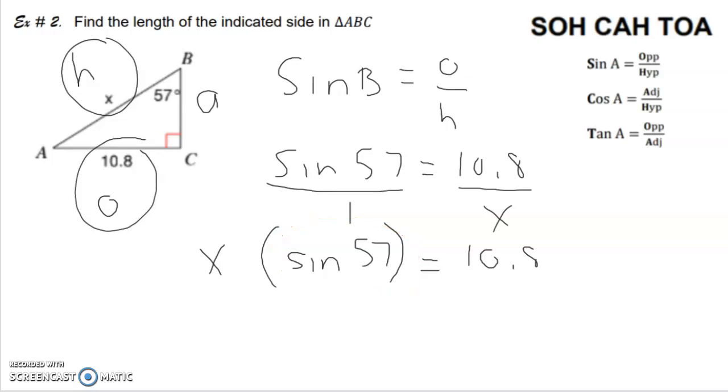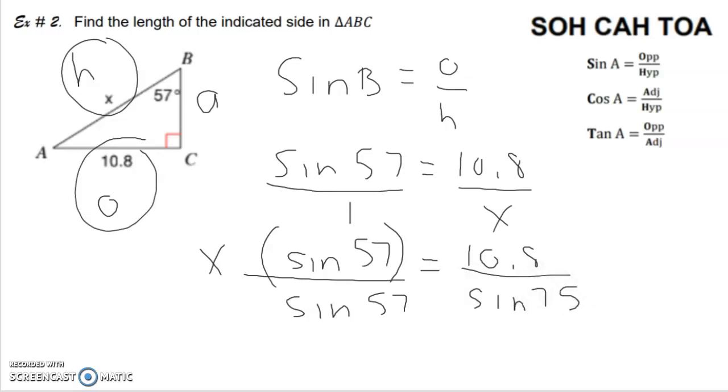Now, we need to solve for X, but right now it is multiplied by sine 57. In order to bring this sine 57 to the other side, we need to get rid of it, and how you get rid of it is you use the opposite function. Because it's multiplied, what is the opposite of multiply? If you said divide, you are correct. So we're going to divide by sine 57, and if you do it on one side, you have to do it to the other side.